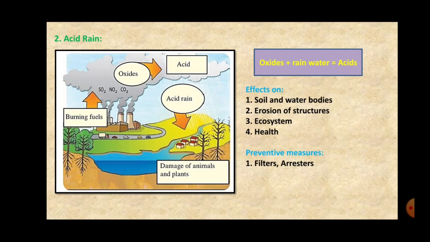This rainwater with the acid falls on the ground and in the water bodies also, and when it falls on the ground, it is absorbed by the soil also. We had studied about leaching of water or absorbing water into the soil, right? So it has a very adverse effect.